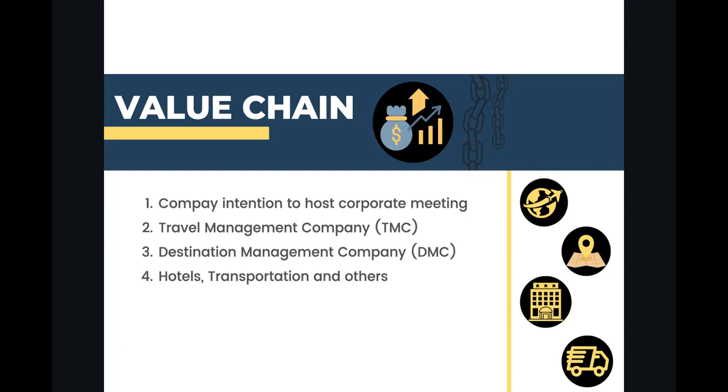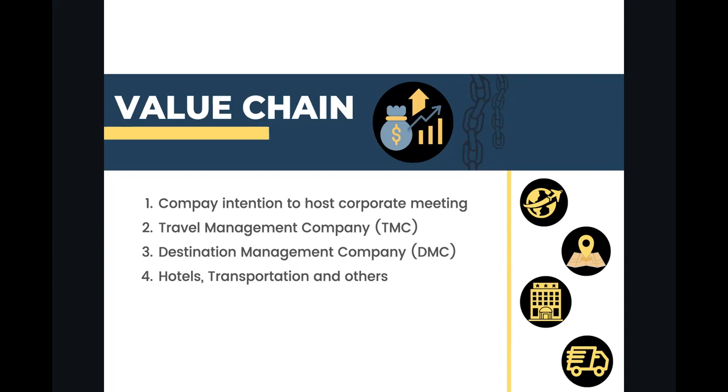The third one is the destination management company. It can be expected to perform a range of services, for example, arranging accommodation or transportation, and planning and providing activities following the meeting. The fourth one is hotels, transportation, and others. This is the contact point for hotels and other external service providers.